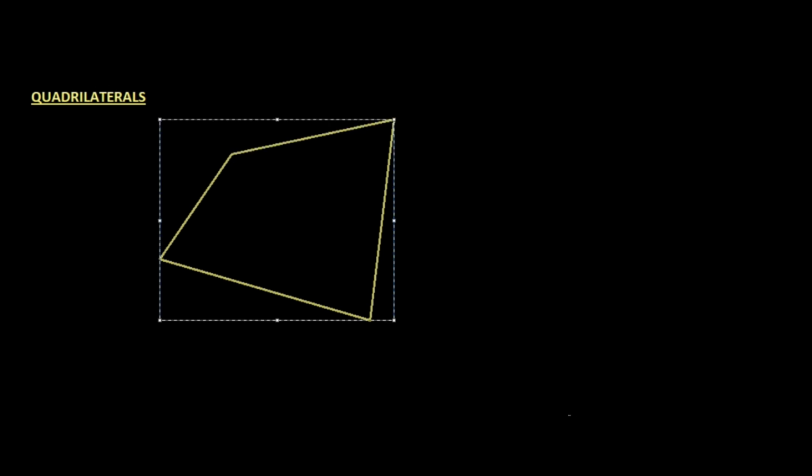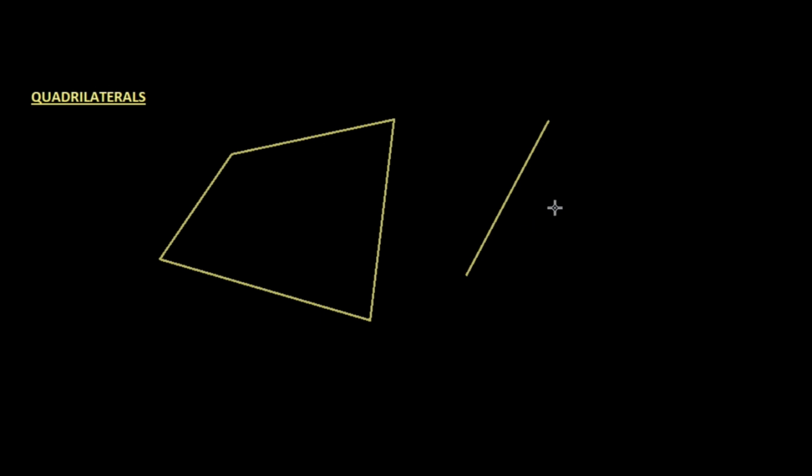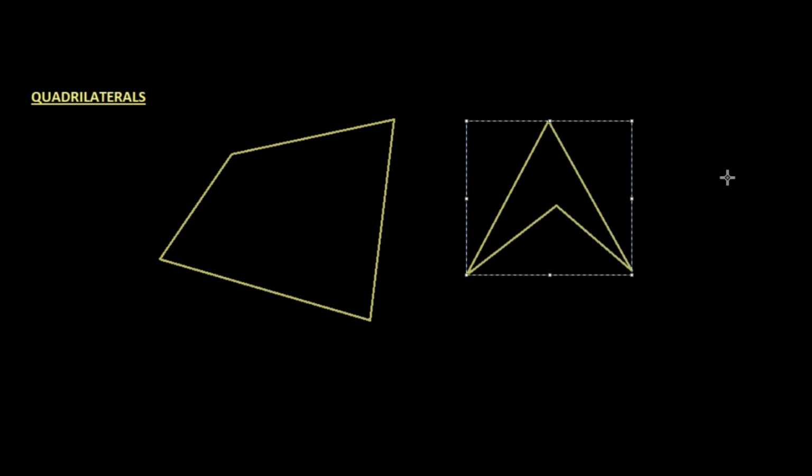So like I said, any closed four-sided figure is called a quadrilateral. So it could be something like this. This is a quadrilateral, or it could be something like this. This also is a quadrilateral. Now, what is the difference between these two quadrilaterals and why is it so?